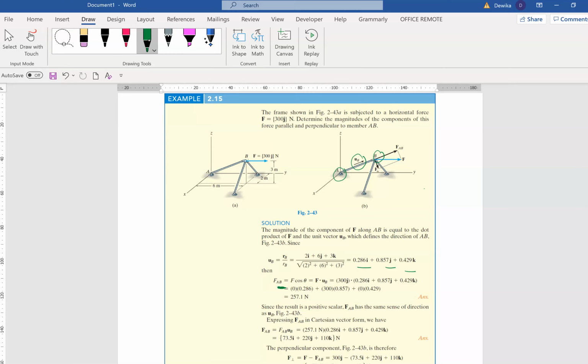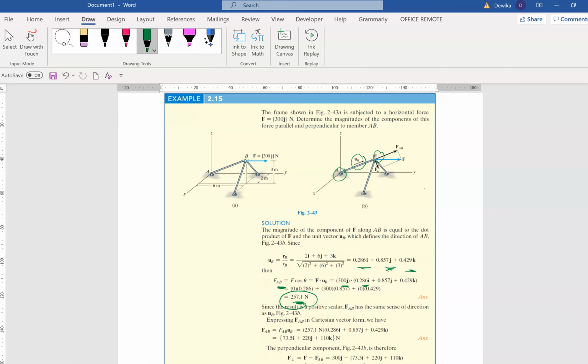Force parallel. So what's your force parallel? You can just take force parallel as your 300J dot with the unit vector. Okay, so when you do that, you're going to get 257.1. 257.1 is the magnitude.